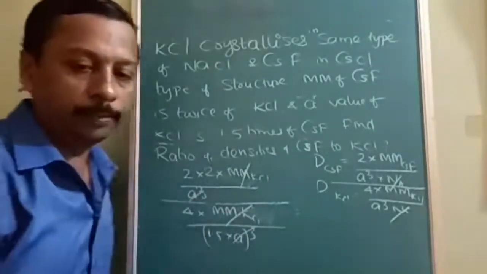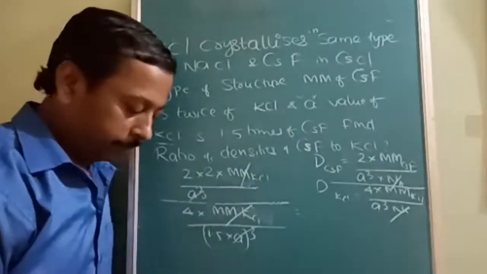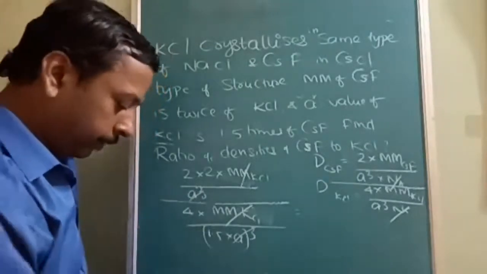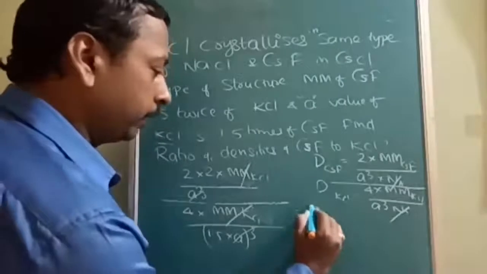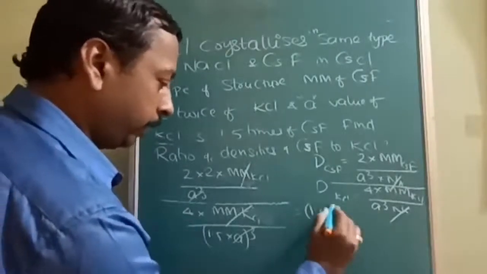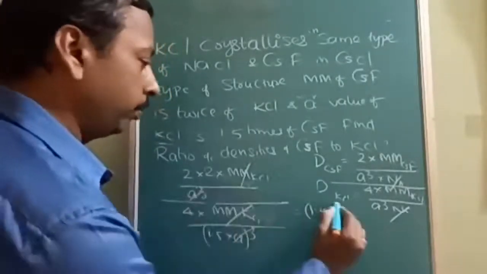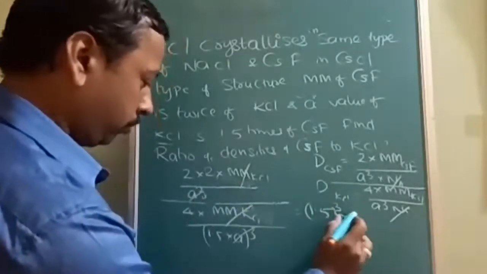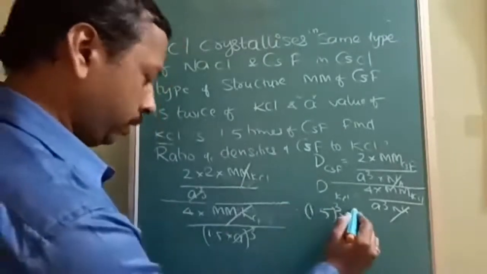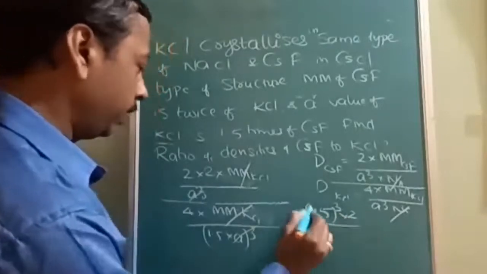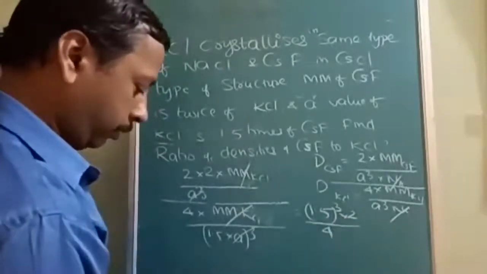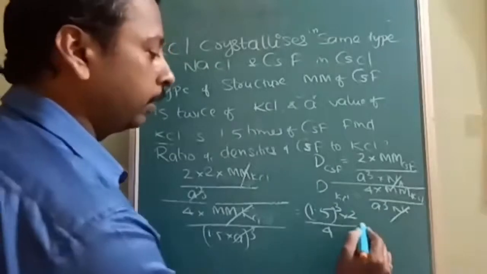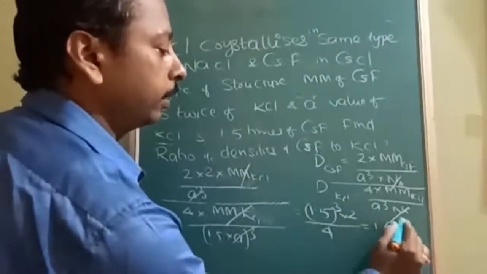On final simplification, the leftover things are 1.5 whole cube into 2 in the numerator, divided by 4. So finally the answer will be 1.69.